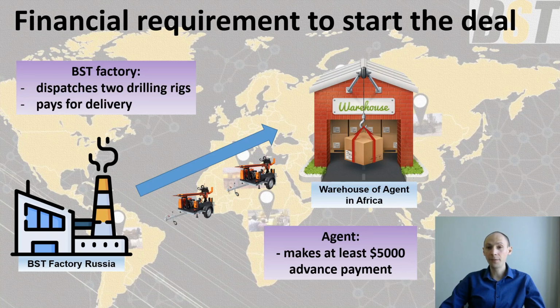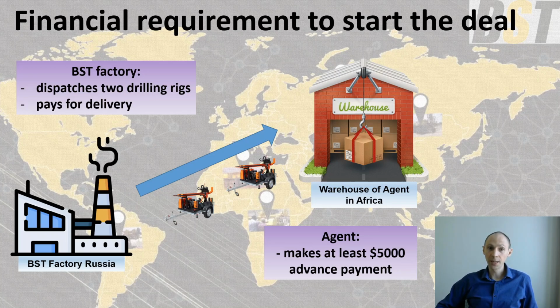As you have understood already, we need to bring the drilling rigs from Russia to Africa, so you could sell them locally from stock. And in order to start this deal, we suggest that we share the initial financial obligations equally between two parties.